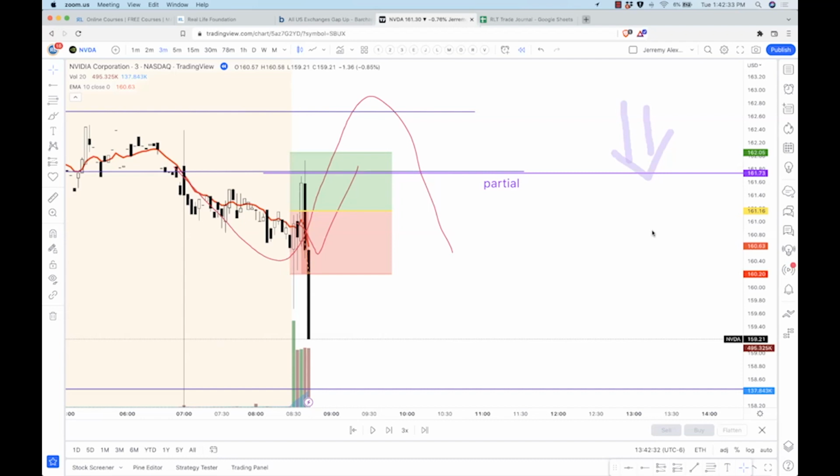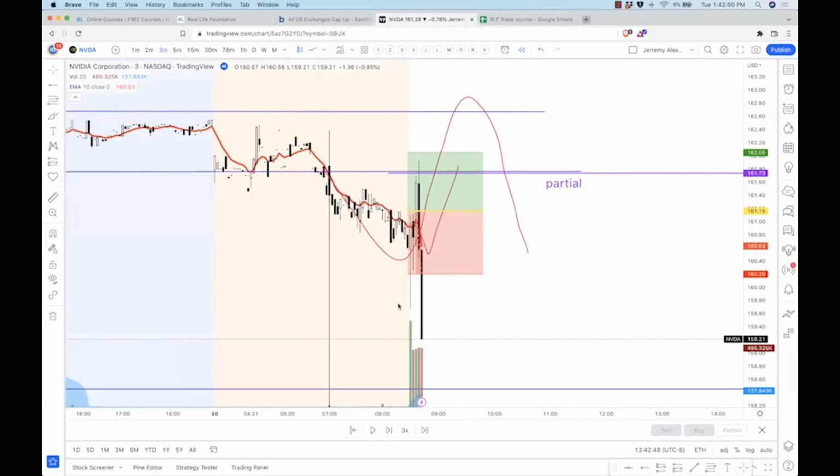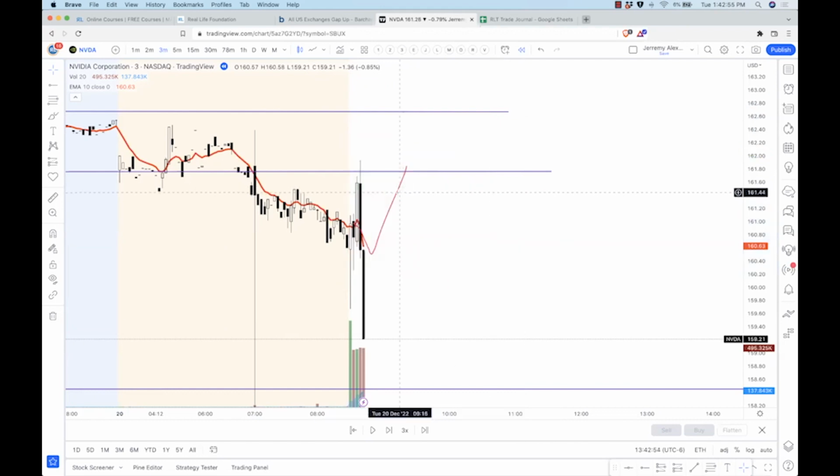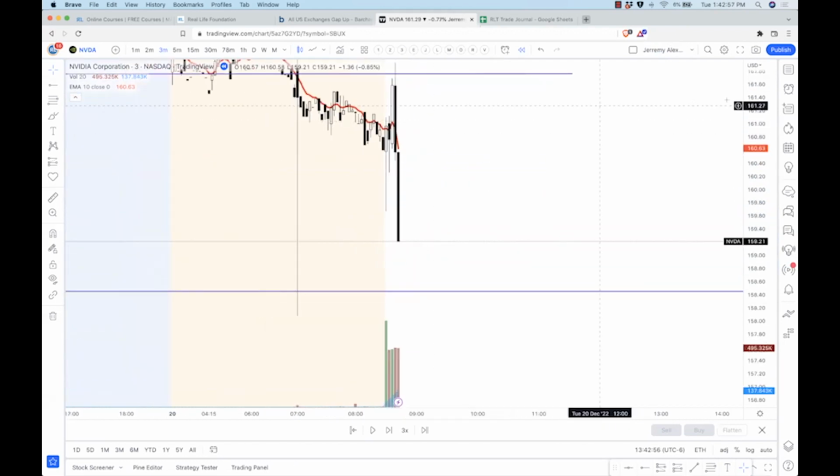That was a level based on the hourly chart when we were doing the pre-market analysis. So we did trade into there and die. That could have been a short entry. We did sell something there. Obviously, we didn't sell nearly enough. And we did lose on this trade, but that's okay. I lost on the trade. I have lost on many trades to only take a win later in the day.